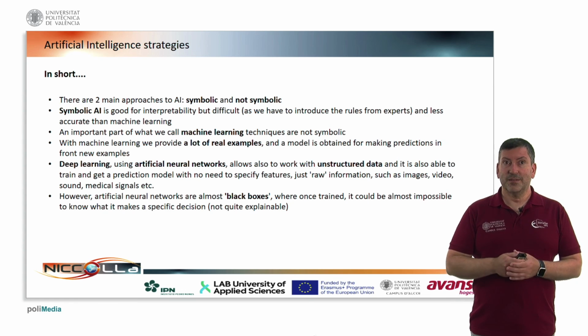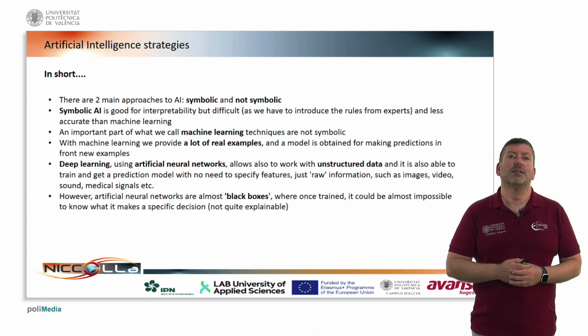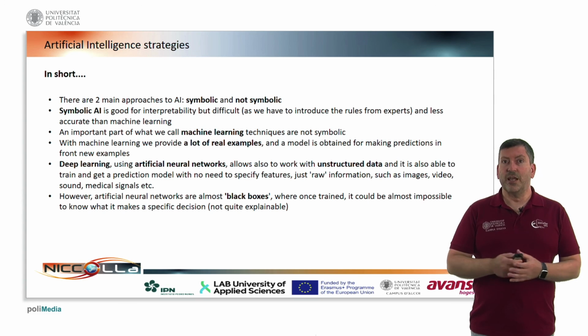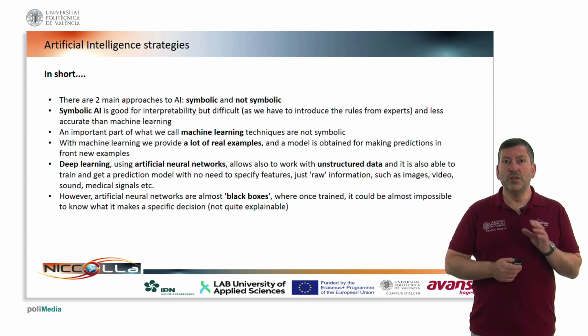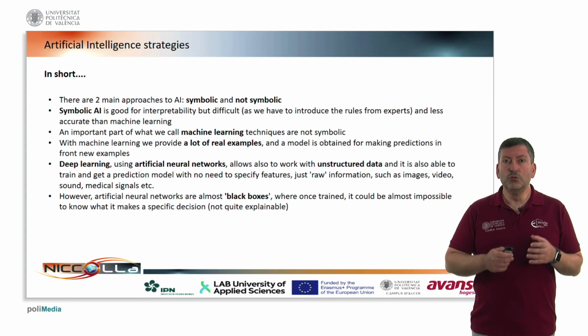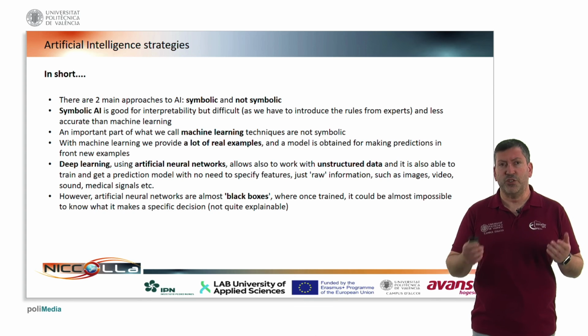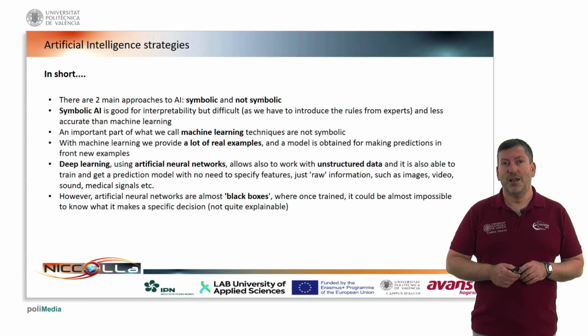Deep learning, which is a specific type of machine learning technique using artificial neural networks, allows us to work with unstructured data, and it is also able to train and get a prediction model with no need to specify features. So just what we call raw information, such as images, video, sound, medical signals, etc.